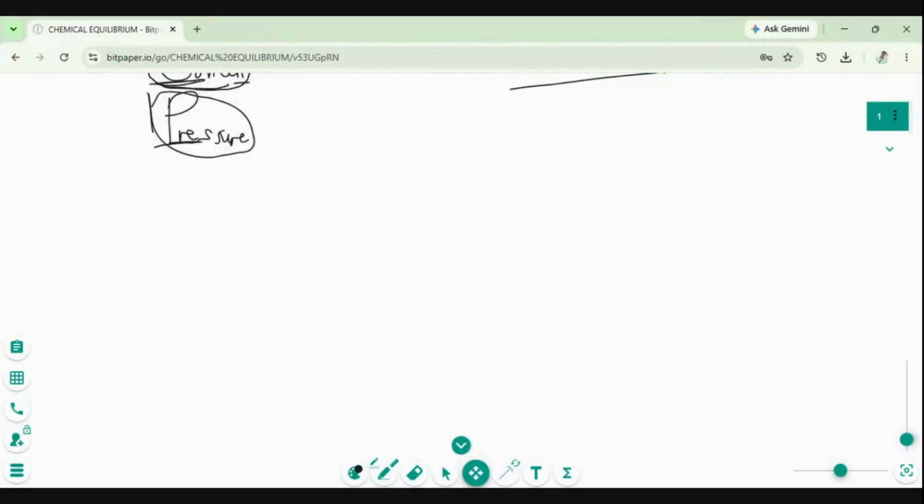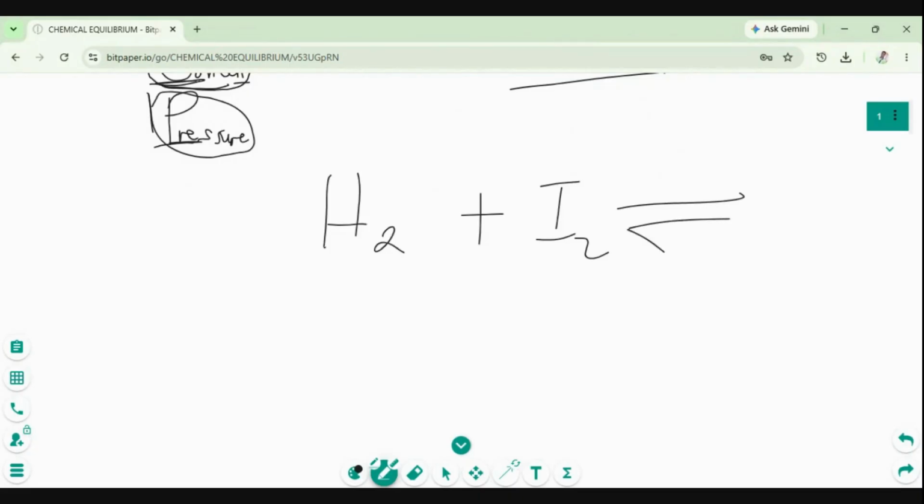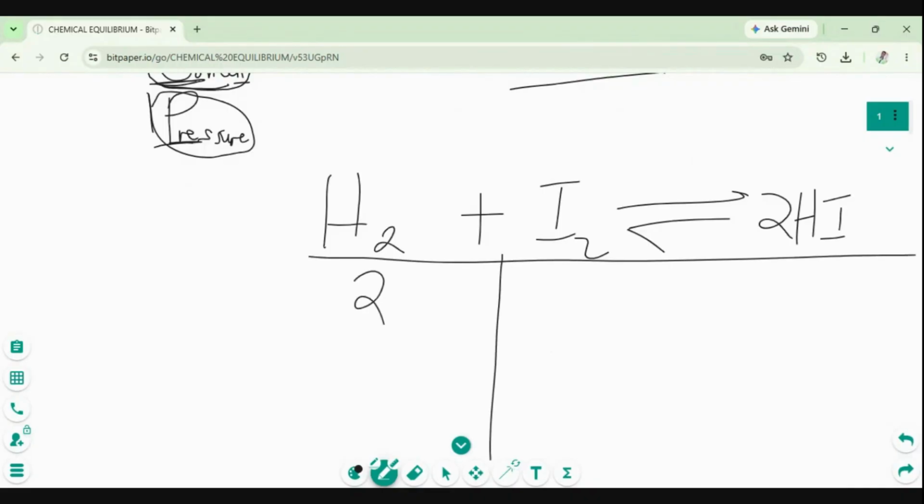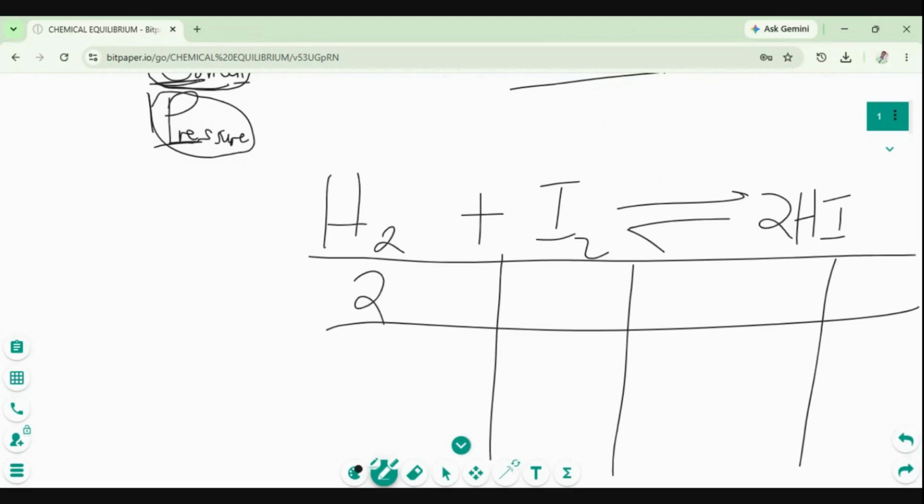So if I draw for you a clean ICE table, you have something like this. This is 2. This is 1.5. This is 0. This became 0.8. This was also 0.8. This was 1.6.